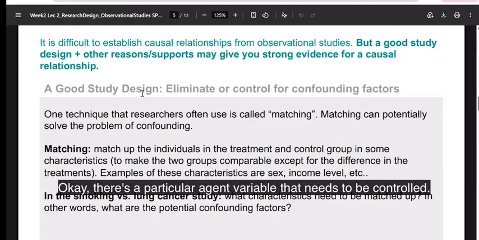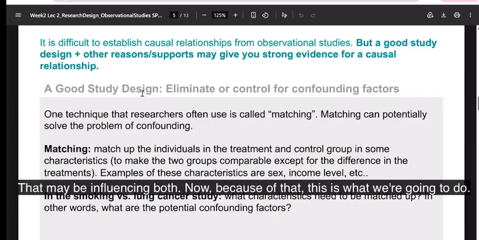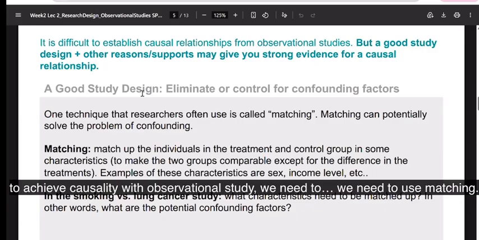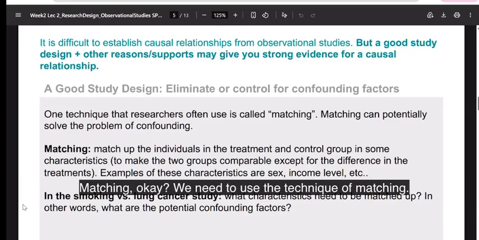There's a particular hidden variable that needs to be controlled that may be influencing both. Because of that, one of the steps in your design, if you want a good design to achieve causality with observational study, is that we need to use matching. We need to use the technique of matching.